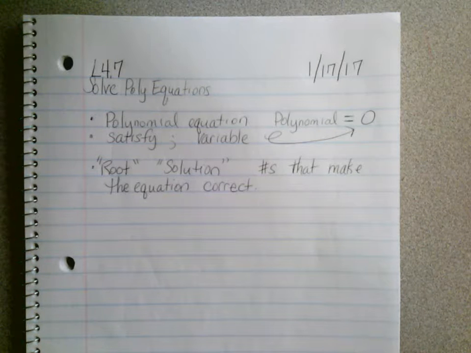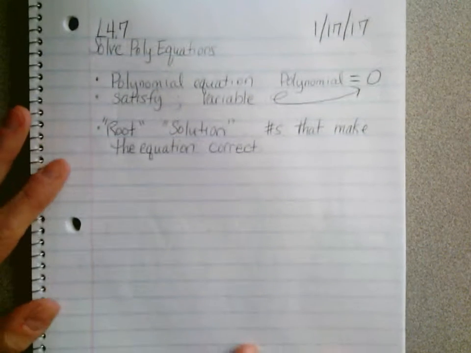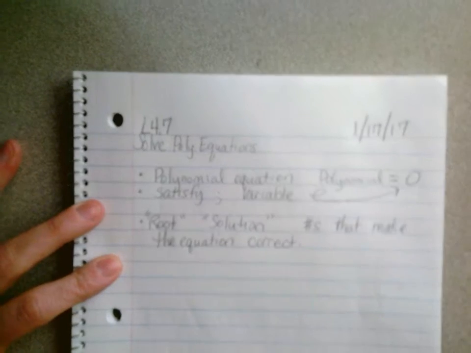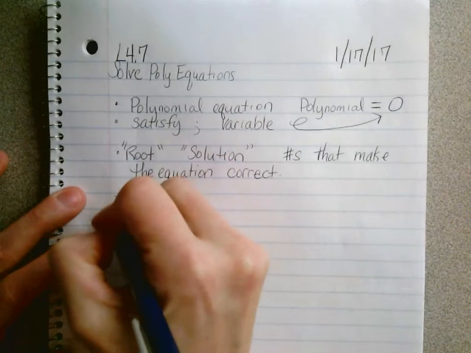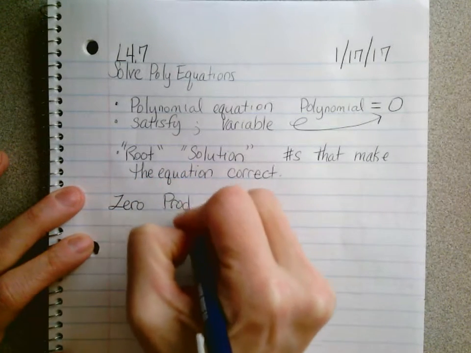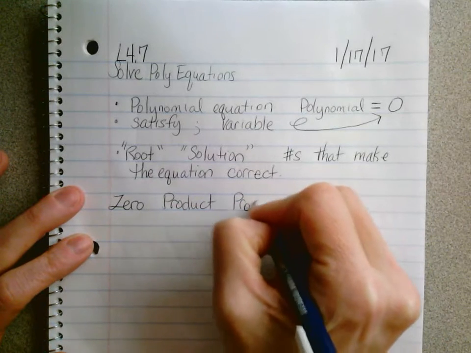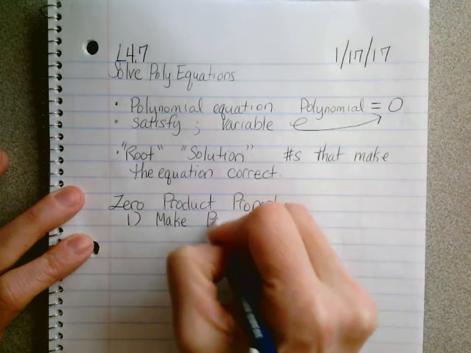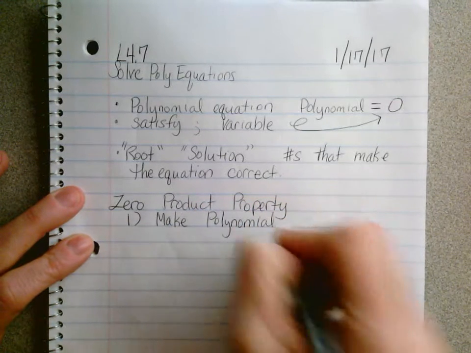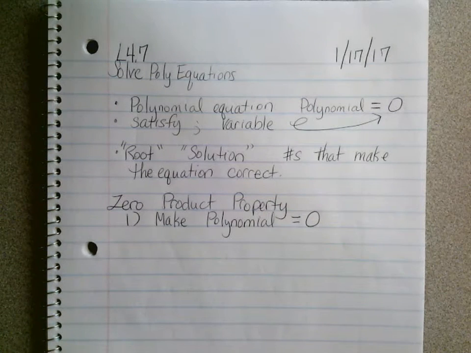In the gray box right below the jibber jabber on the top of the page there, the zero product property is explained to us. And I want to really quickly share with you what that means. Zero product: first, make the polynomial equal 0. So the polynomial goes on one side, 0 on the other.